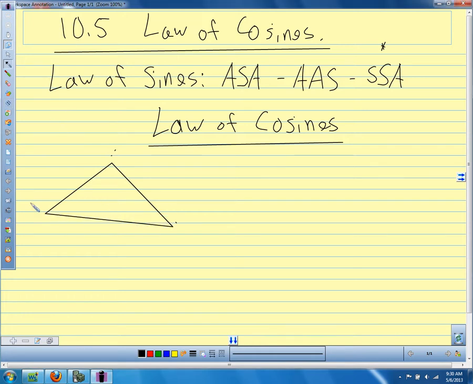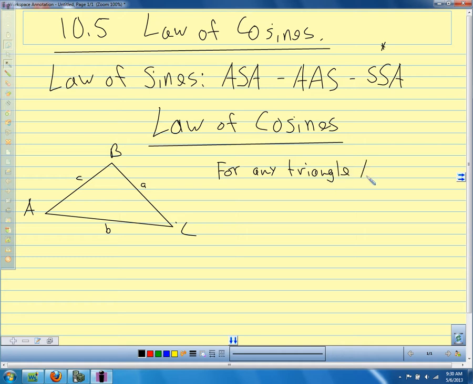This is A, B, and C. So we label our angles with capital letters, the sides opposite with small letters. And the law of cosines works for any triangle. So we're going to talk about any triangle ABC and our sides.